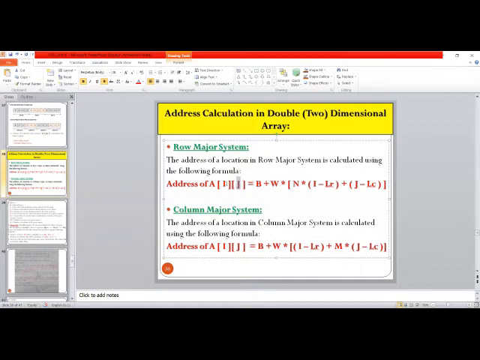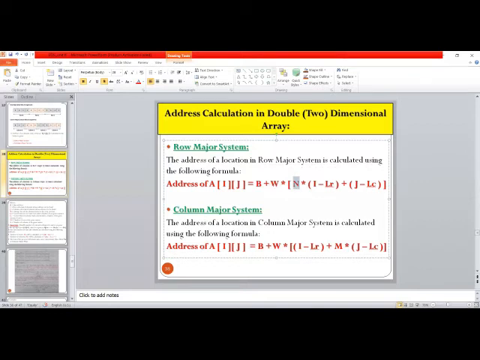A of, let us say, 4. So we are going to find out the address of the element stored at 4th index, right? But here you have to supply 2 dimensions, I and j, that is row number and column number, right? So B is as usual our base address, width is as usual width of a particular element, that is size of that element.